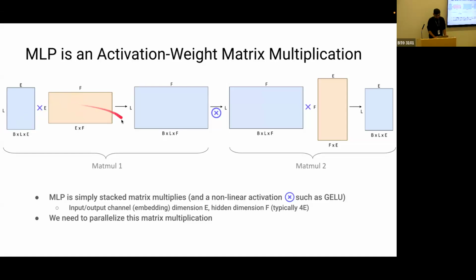You multiply these two tensors, you get L cross F. I'm dropping the batch dimension here because it makes it easier to visualize. You have some sort of nonlinear activation function, typically ReLU or GeLU. These are pointwise operations that you're doing. And then this is multiplied by F cross E to bring it back to L cross E. So F cross E ends up being a tall and thin matrix.